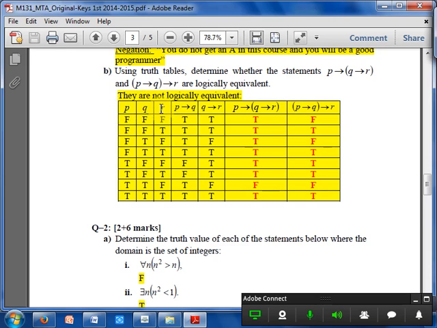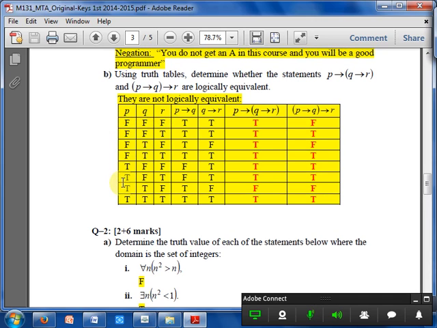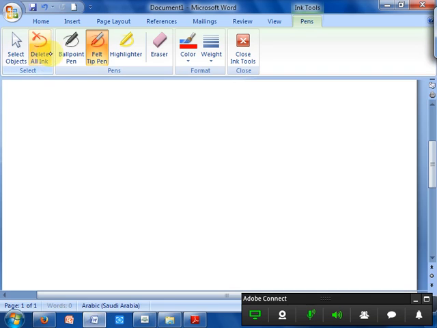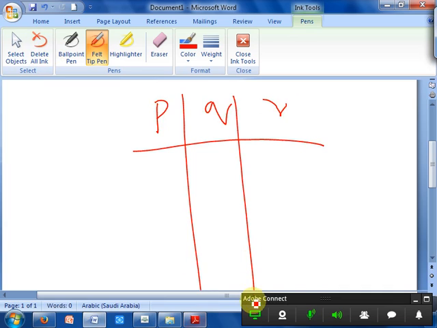If there are three propositions, then the number of different options you get is 2 power 3, that is 8. So you should get 8.